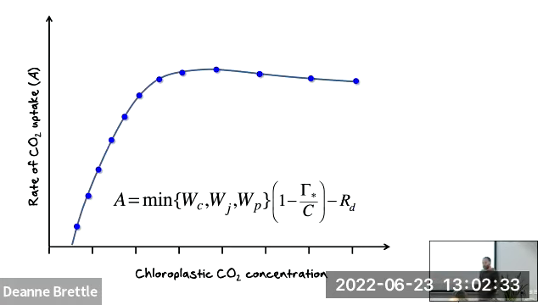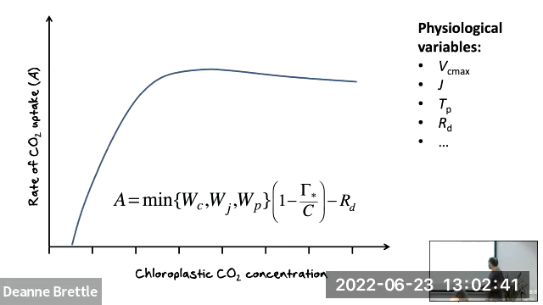So we can take those measurements and fit them to a mathematical model that sort of describes the biochemistry behind that. And if we then know the variables that go into these models, we can then predict photosynthesis along the CO2 gradient, for example.